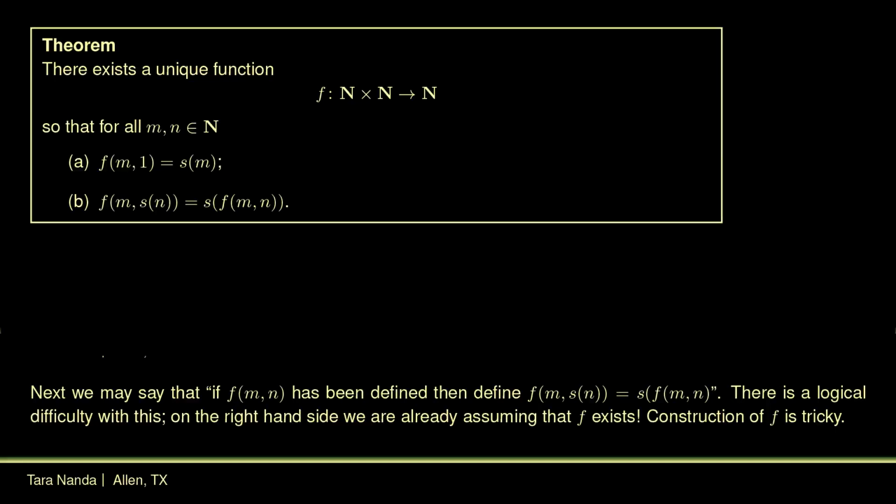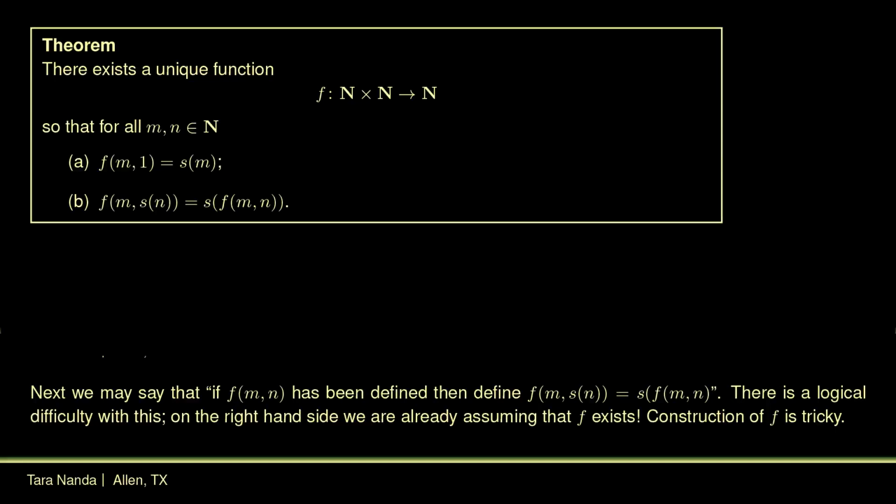So one may say, what's the big problem? You simply define f of m comma s of n is equal to the successor of f of m comma n.